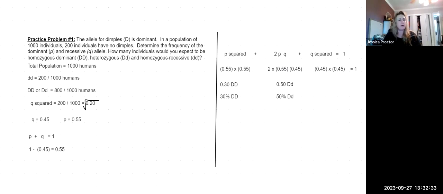All right, last part of the equation are homozygous recessives. So in your calculator, just punch in 0.45 multiplied by 0.45, and then give me your answer rounded to 2 decimal places.